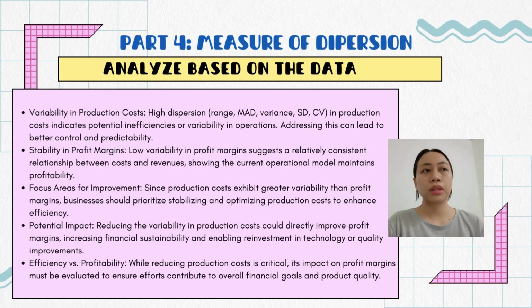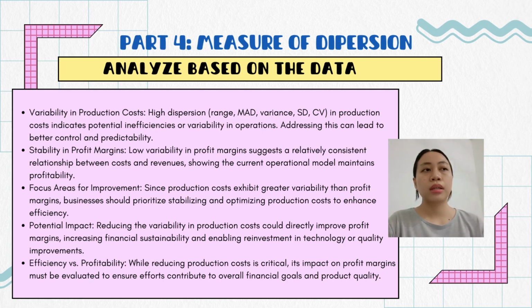Fourth, potential impact. Reducing variability in production costs can directly enhance profit margins, leading to better financial health and allowing for reinvestment in technology or quality improvement.